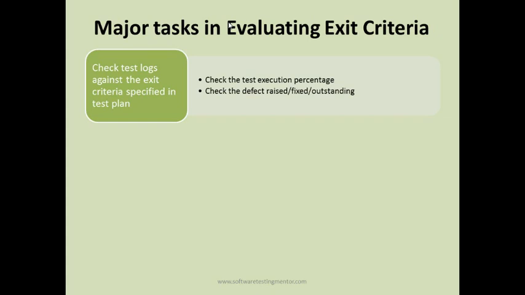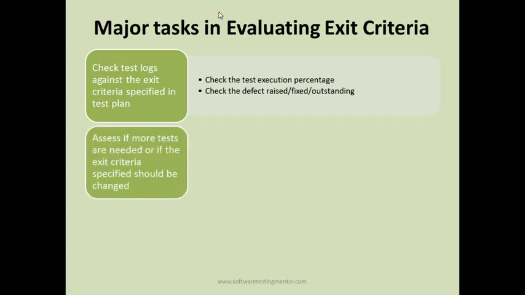Test log is nothing but the actual daily summary kind of report, which shows what is the execution percentage as of today, and you cross-check it with the exit criteria specified in the plan. And if the test execution percentage or the defect raised, fixed, outstanding percentage meets the criteria, then you can exit your test cycle.